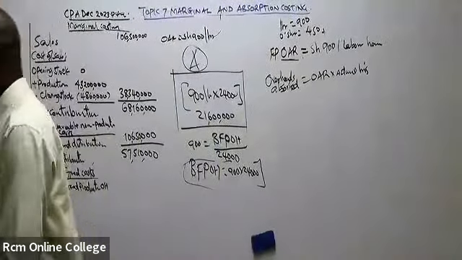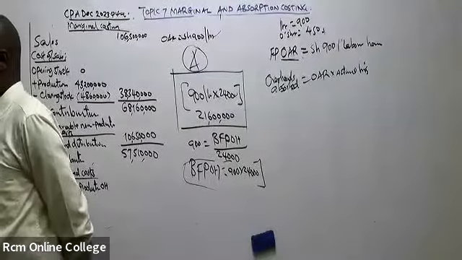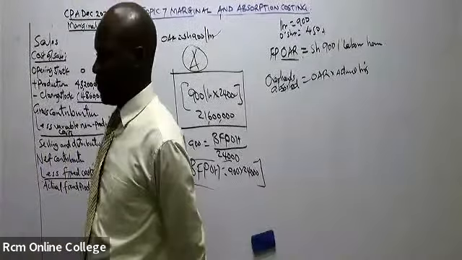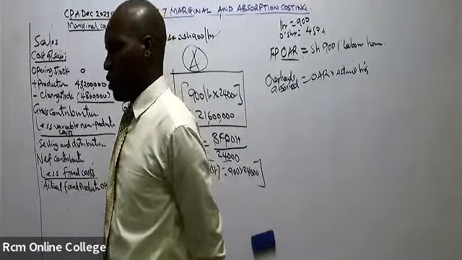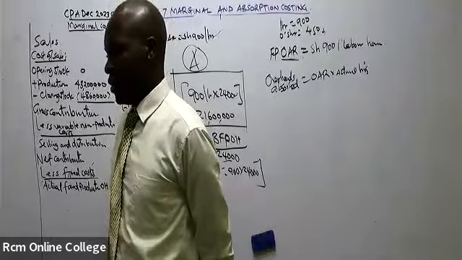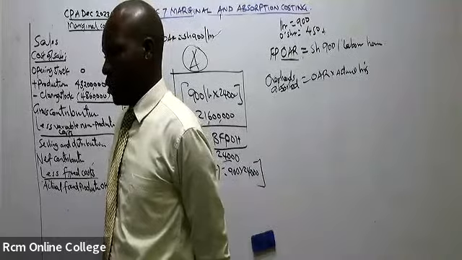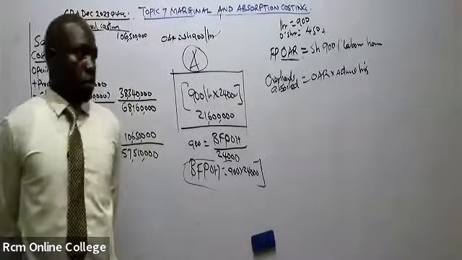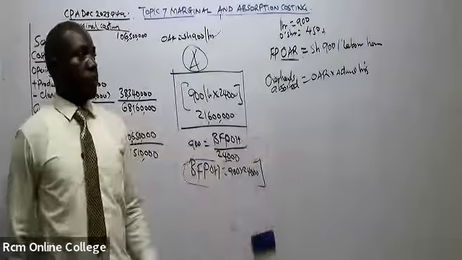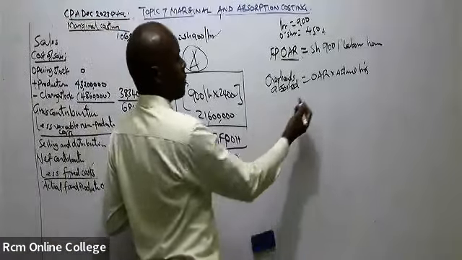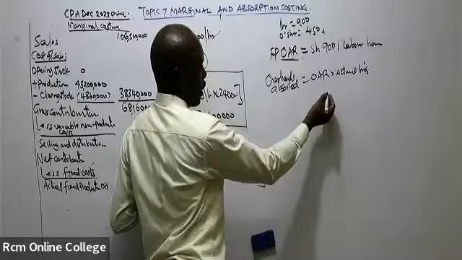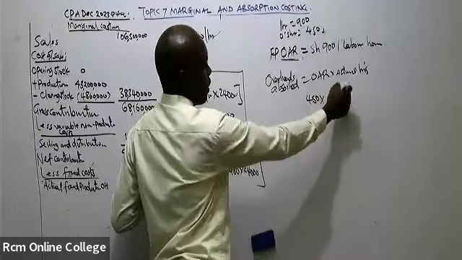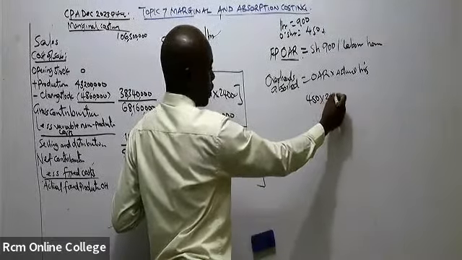Therefore, 24,000 units will be 12,000. So we have times actual hours. We don't have the actual hours. But now overhead per unit is 450 per unit. Then you multiply by actual units, 24,000.